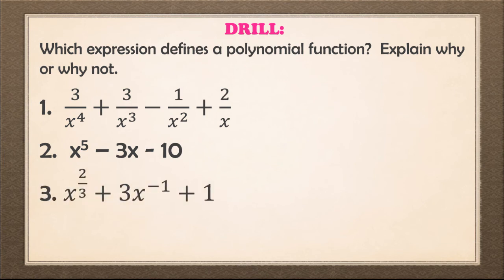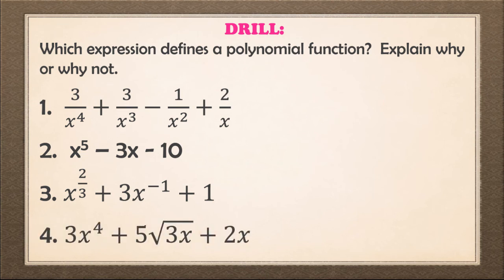Number 3, x raised to 2 thirds plus 3x raised to negative 1 plus 1. And number 4, 3x to the fourth plus 5 times the square root of 3x plus 2x.